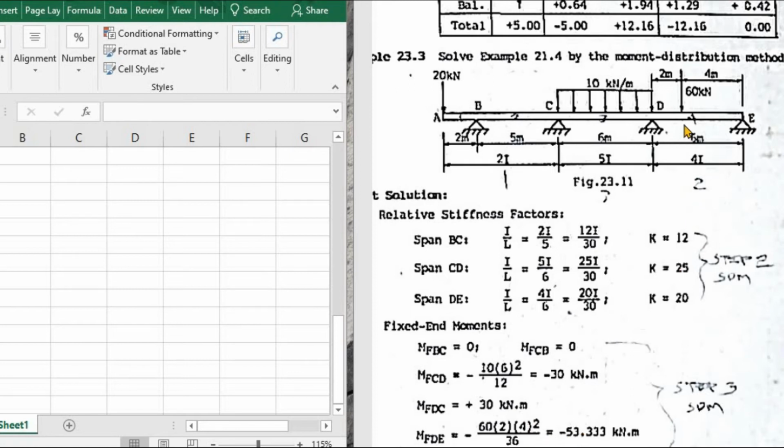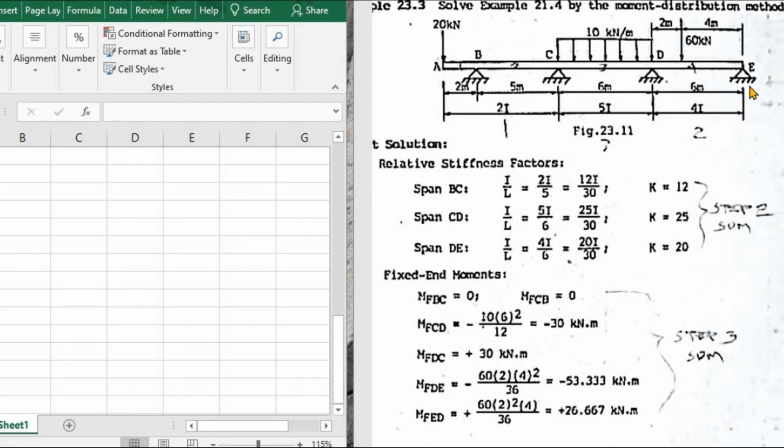Now, the reaction moment direction is counterclockwise, kaya negative siya. And then for ED, it is 60 times 2 squared times 4 divided by 6 squared will give you 26.667. The direction of the moment reaction is clockwise, kaya siya positive.